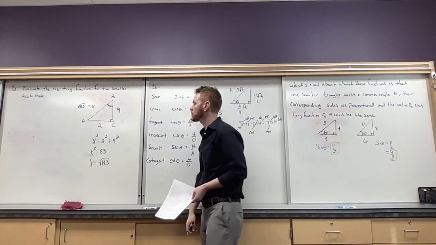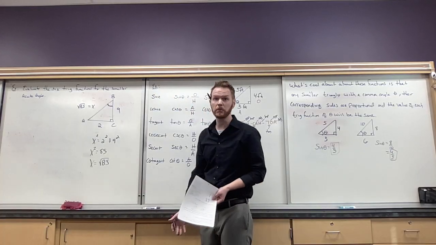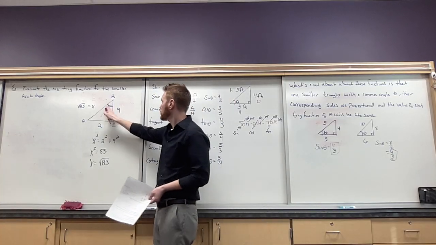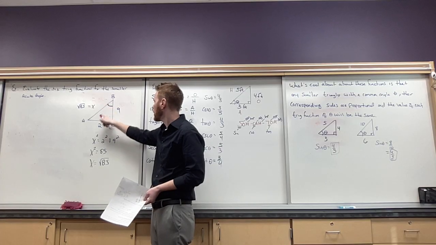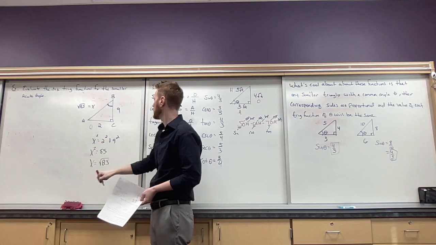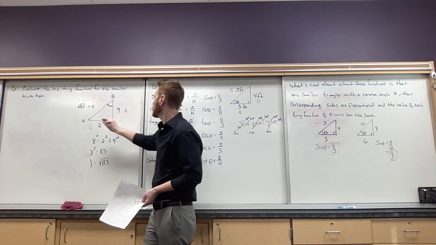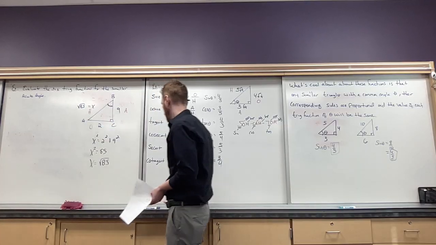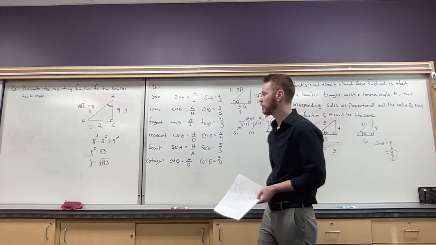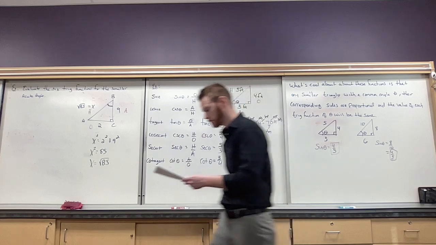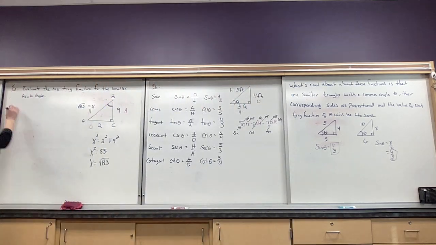Okay, let's go ahead. It sometimes helps to label your sides. So this is my angle I'm looking at. So across from it, this must be my opposite side. 9 must be the adjacent, and then of course the square root of 85 is my hypotenuse. So there we go. We'll just go ahead and mark those. All right. Doesn't matter where you start.